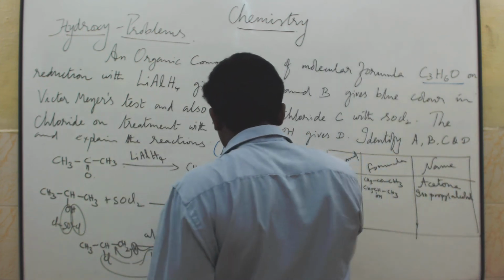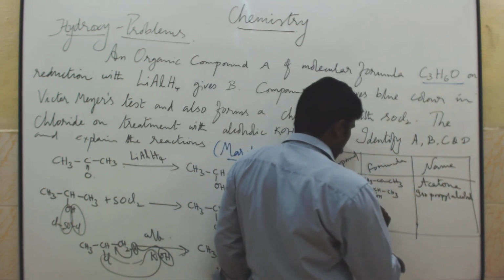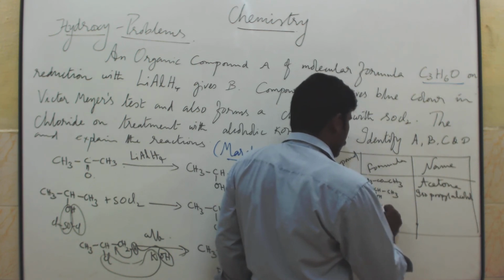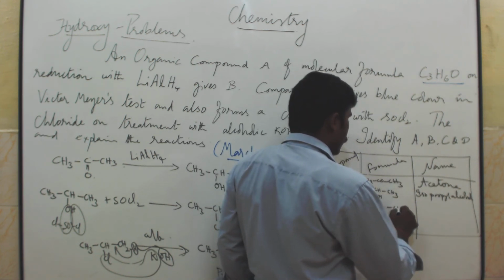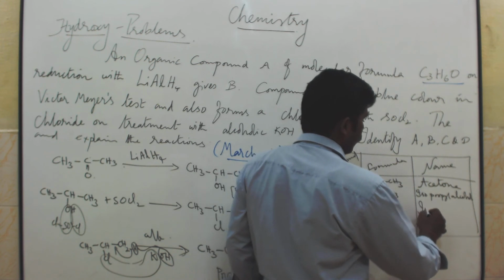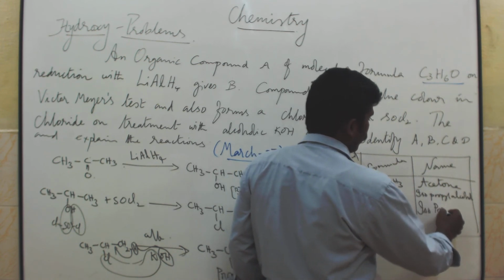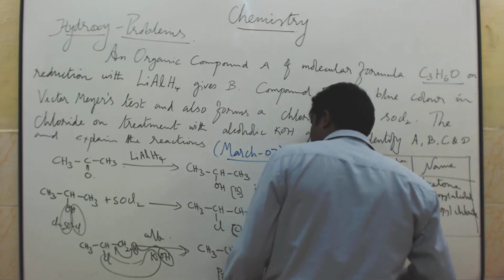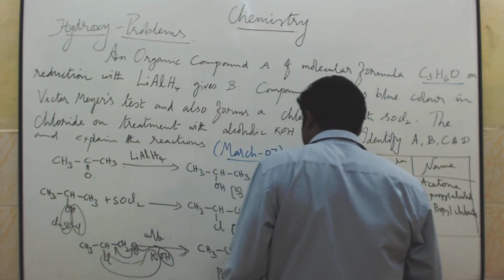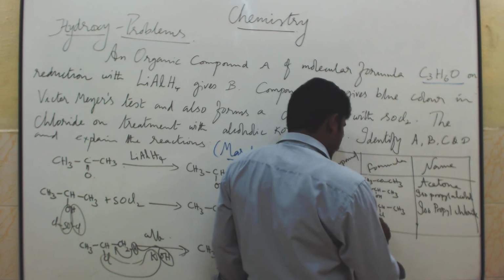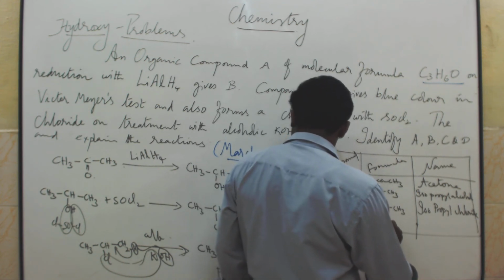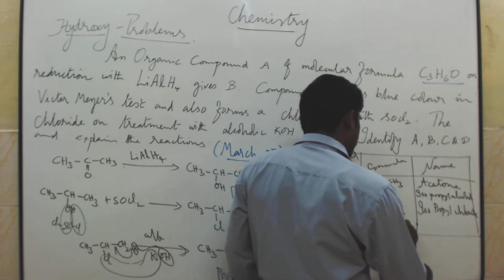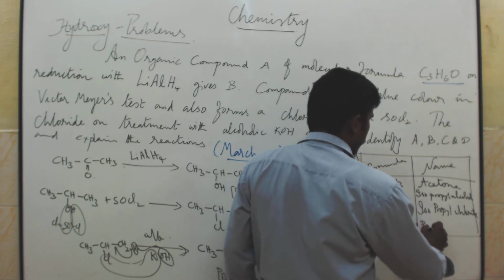Compound C, isopropyl chloride, CH3-CHCl-CH3, namely isopropyl chloride. Compound D, propylene, CH3-CH=CH2, namely propylene.